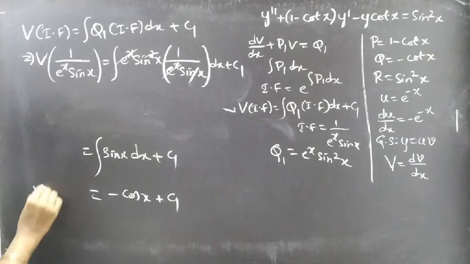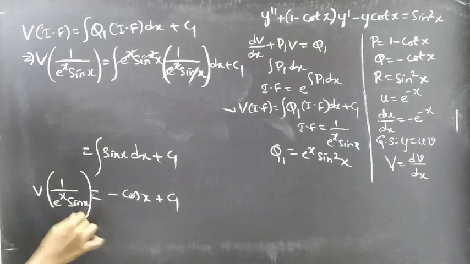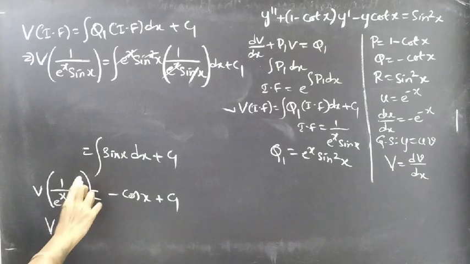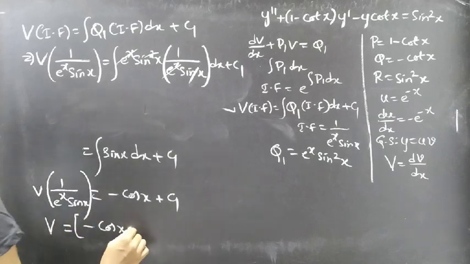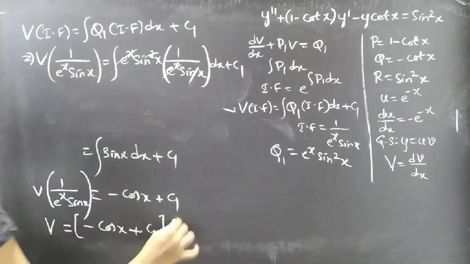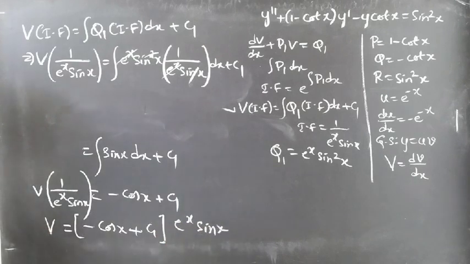Now we have v into 1 by e power x sin x equals minus cos x plus c1. Now take 1 by e power x sin x to the RHS, and we'll get v equals minus cos x plus c1 into e power x sin x.